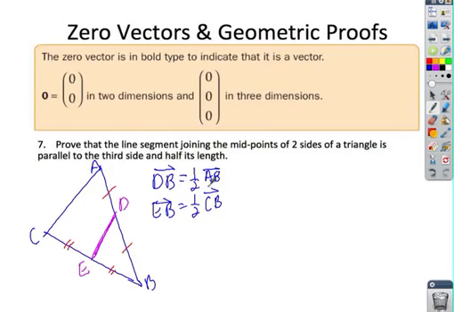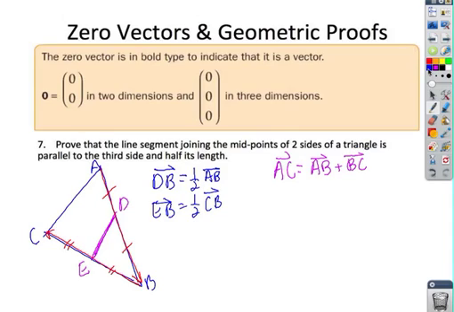Now by vector addition, if I wanted to get the vector AC, the two vectors that I would have to add together to get vector AC would be vector AB, so going from A to B, and then B to C. That's using our graphical vector addition principles. So that equation I could write as AC is equal to AB plus BC, like that. And I can do the same thing for DE.